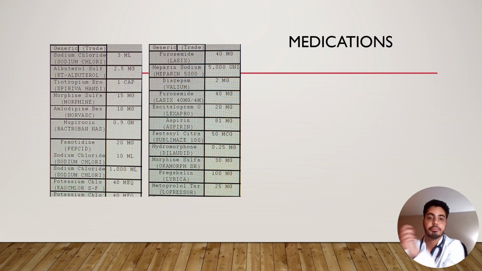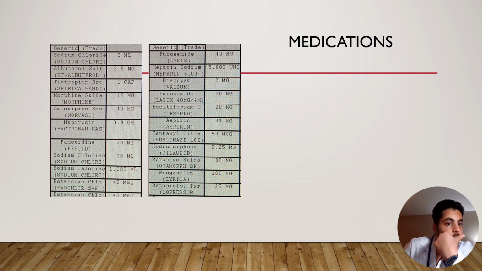Medications. As you can see here, the medication guides. I'm gonna list it for you here. The albuterol is here, sodium chloride, sodium bicarbonate, and also the Tylenol, and the thermometer, and here sodium chloride also. Nootropil here also.